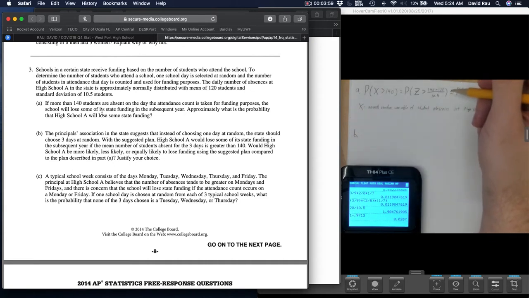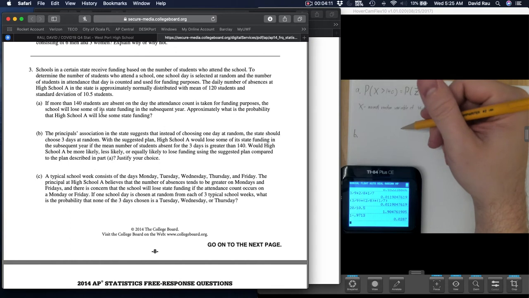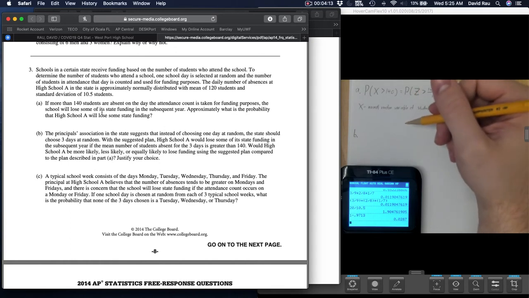Context, context, context. Okay, the principal's association. So instead of just choosing 1 day at random, let's choose 3 days at random. If the mean number of absences over the 3 days is greater than 140, would it be more likely, less likely, or equally likely?